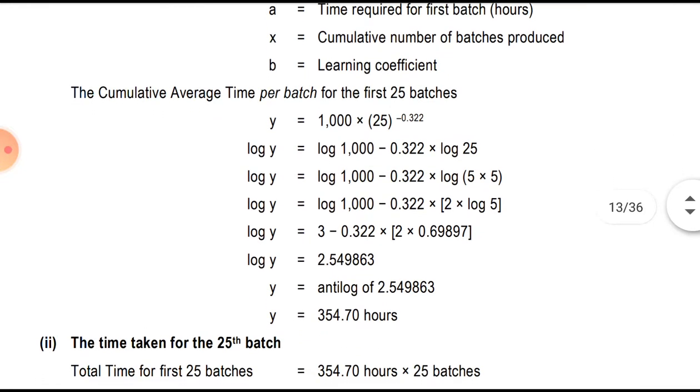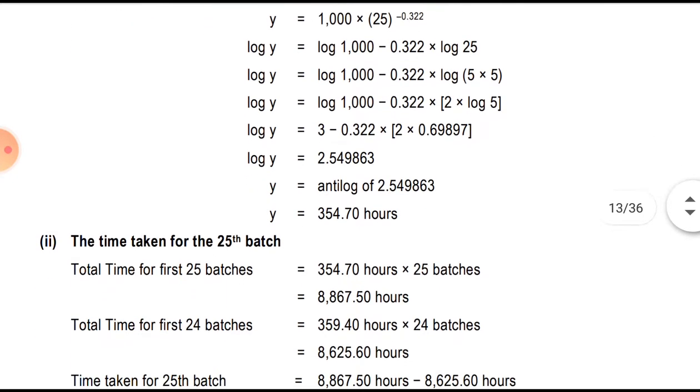So what we'll do is y is equal to 1000 into 25 raised to minus 0.322. By calculating this and multiplying with 1000, we will get an amount by applying log and antilog. There are two ways: either you can apply log and antilog, or you can do it directly on the calculator.